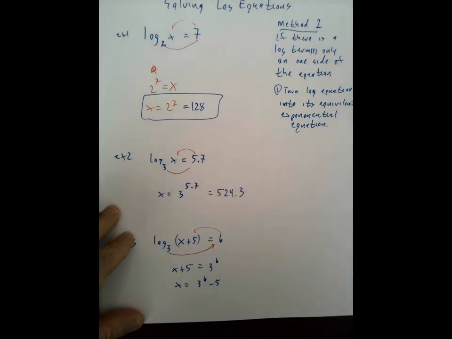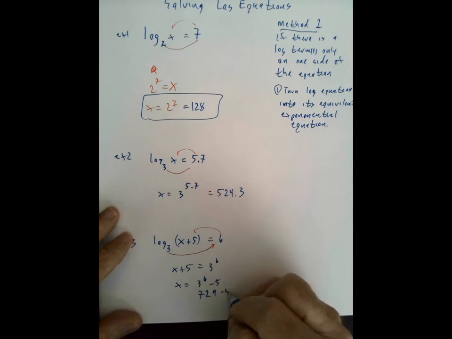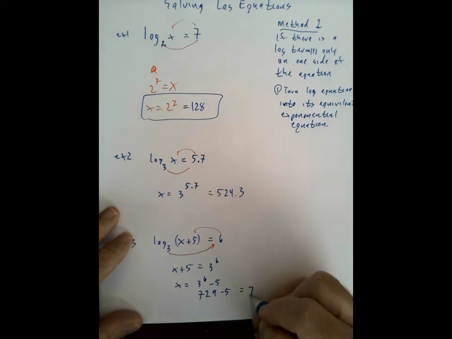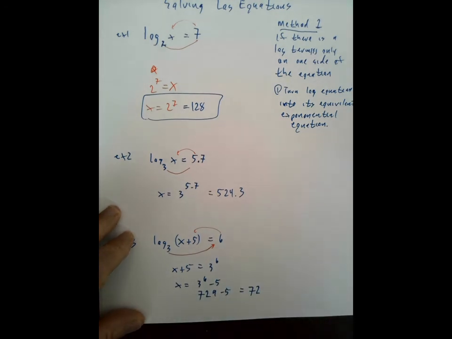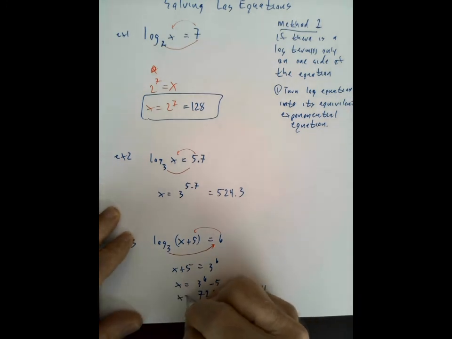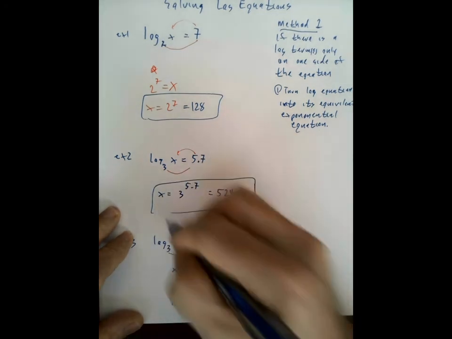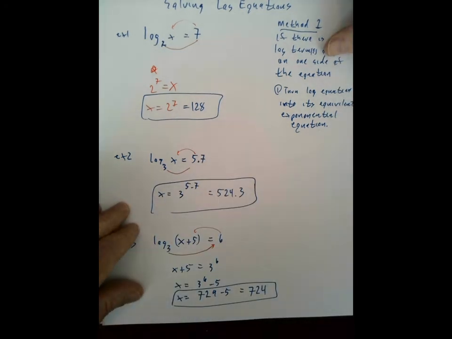And 3 exponent 6 is 729, minus 5. That's equal to 724. And that is going to be our answer, right? Okay, so see how that works?